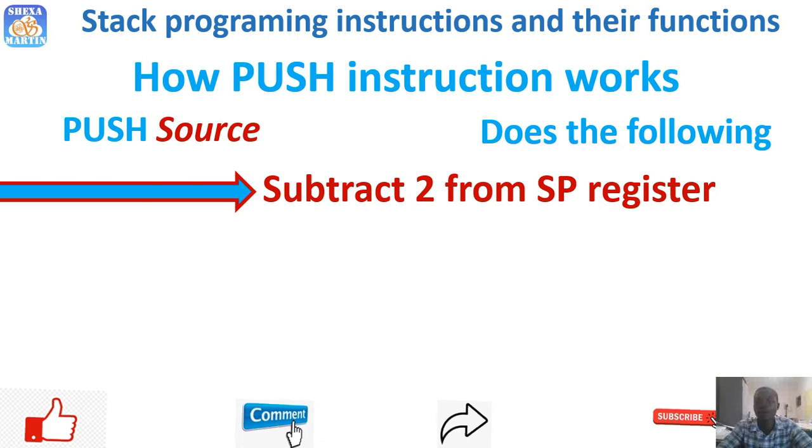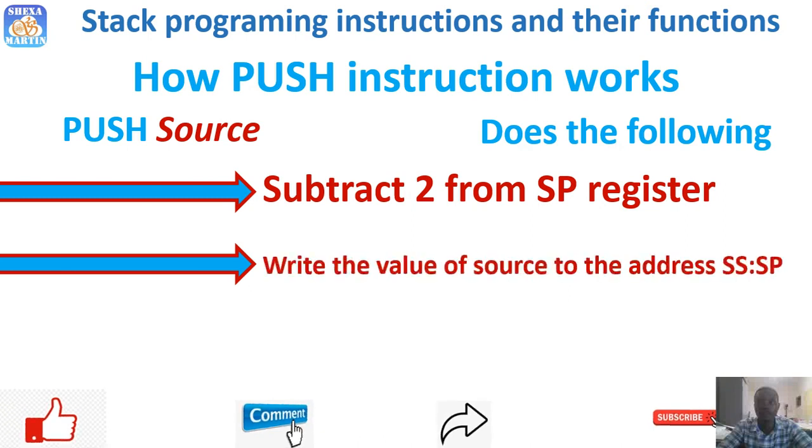And how many bytes are those? There are 2 bytes. So it writes the value of source to the address SS:SP. So whenever we say push and then we put the source, we will be writing the value of source to the address SS:SP.